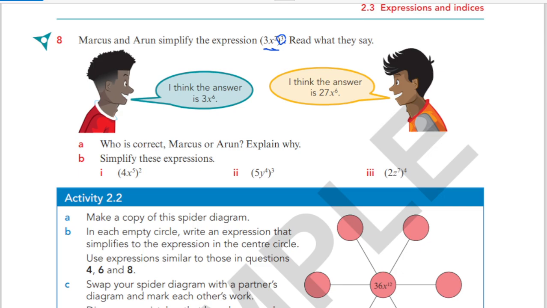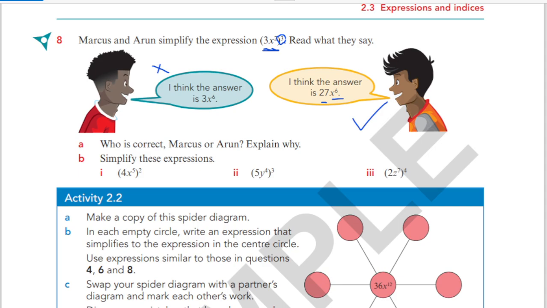So 3 cubed, the cube of 3 will be 27, and the power of x is 2. 2 multiplied by 3 will be 6. So Arun is right, because the power impact goes on every element in the bracket. So Marcus is wrong.